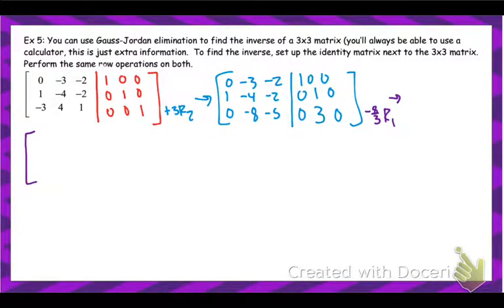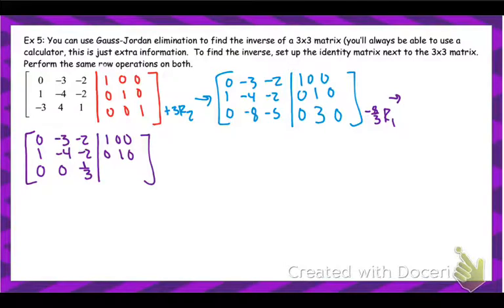So first row is not changing. Second row is not changing. Bottom row is changing. So I'm going to have 0, 0, 1/3, negative 8/3, 3, and 1.